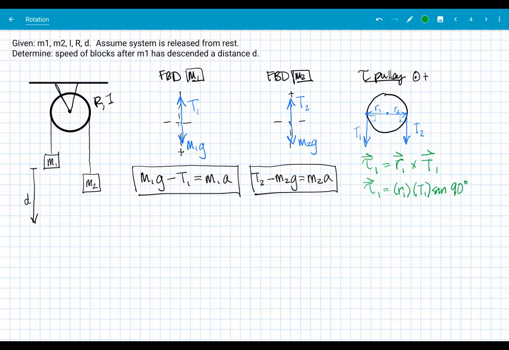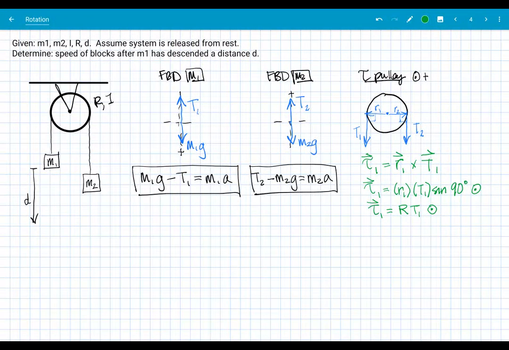They're 90 degrees apart. And what's the direction there? So right-hand rule, crossing R1 into T1, that gives me out of the page there. So torque 1, I can write this a little more simply, is going to be equal to R, magnitude of R1 is big R, that's given, times T1, we can't express that yet, out of the page. Sine of 90 degrees is what? Okay, so that's torque 1.